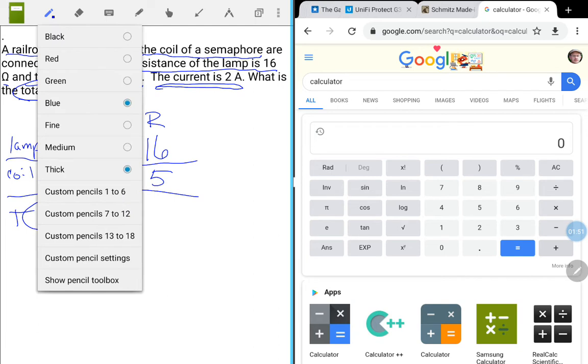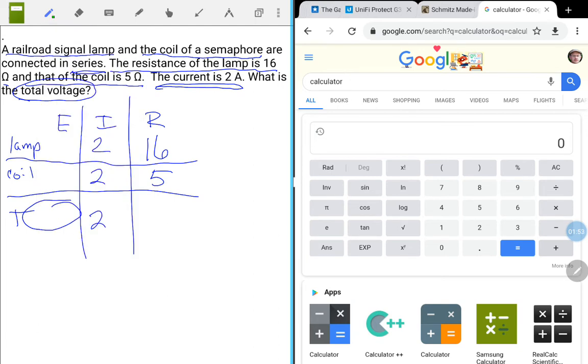I'm going to change my color on my pen just so you can see the difference in what was given and what we're going to calculate. And let's figure this up. Okay, we know that resistance adds.